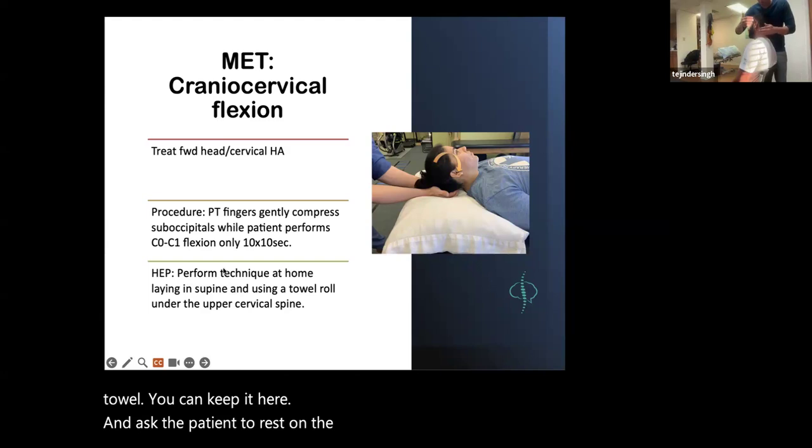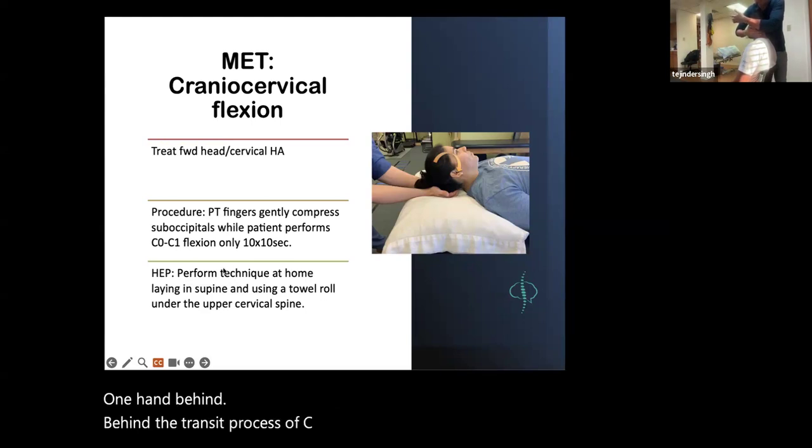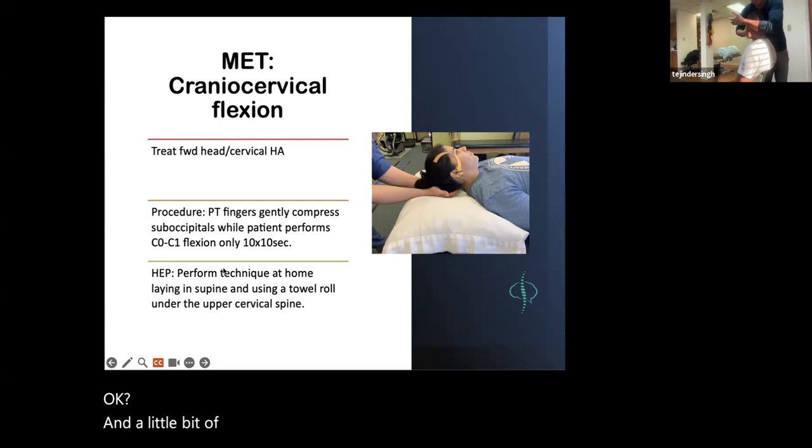Okay. You're going to use something called a turban grip. You're going to keep one hand behind the transverse process of C1. Okay. And you're going to do a little bit of ipsilateral side bending. Okay. And a little bit of contralateral rotation. Okay.